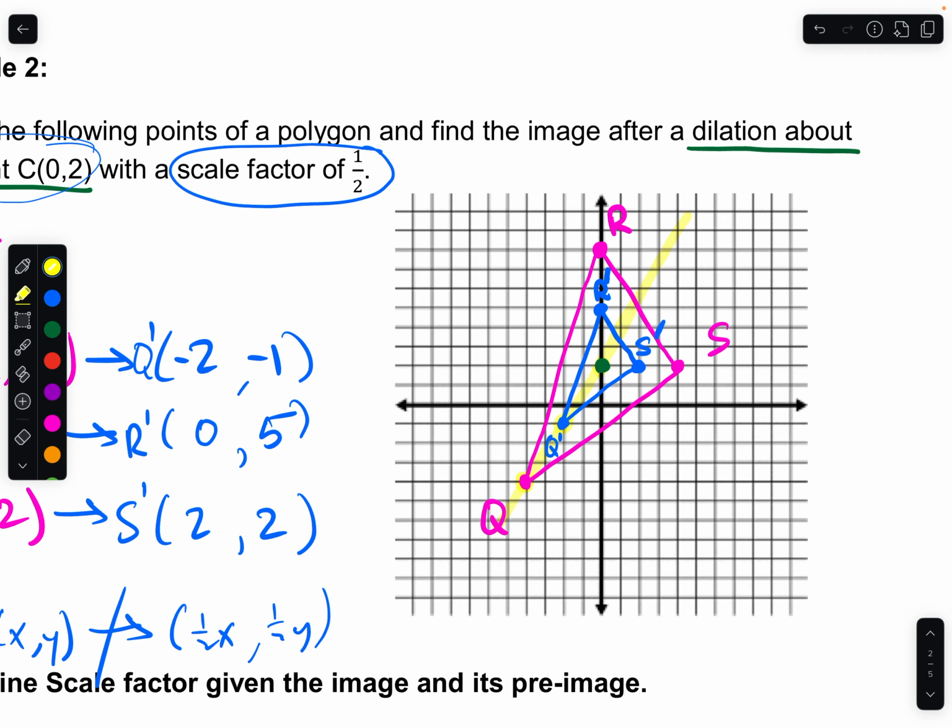So I can think of Q, Q prime, and the center of dilation are all on the same line. But that's not just unique to Q and Q prime. That's the same for R and R prime. R, R prime, and the center of dilation, they all line up as well. And so these two yellow highlighter lines I'm making, they cross at the center of dilation. So we can find out that it's at the point 0, comma 2, even if that point wasn't there for us. Or similarly, S prime, draw the line through them both, and we'll hit the center of dilation as well.